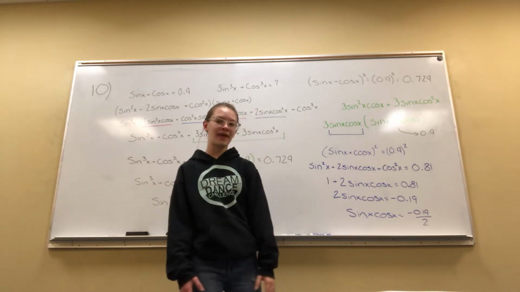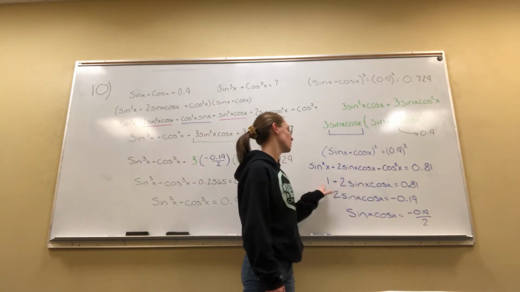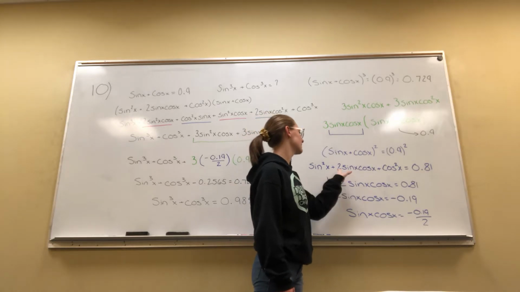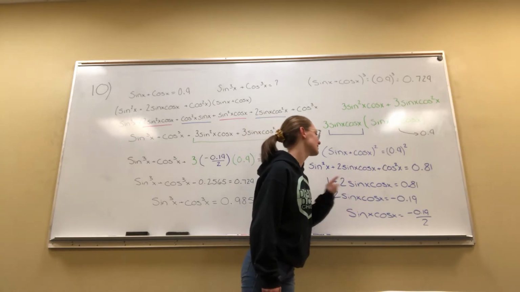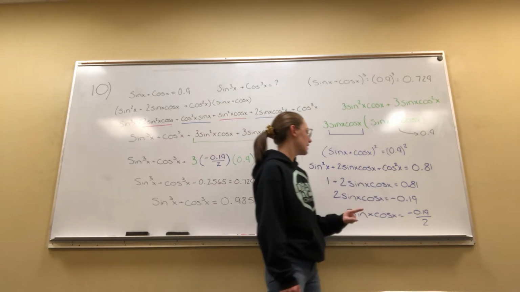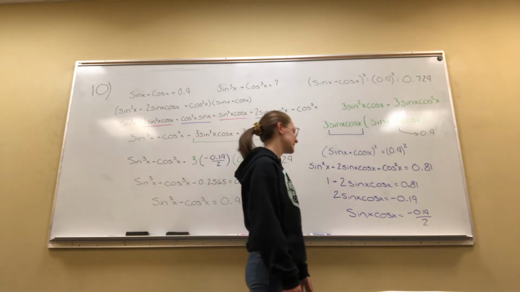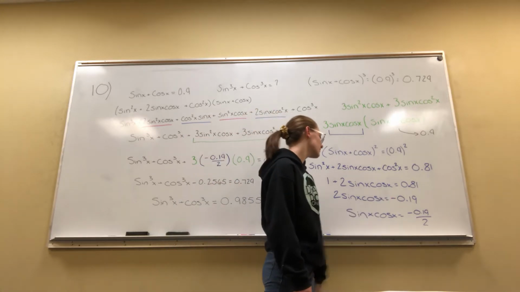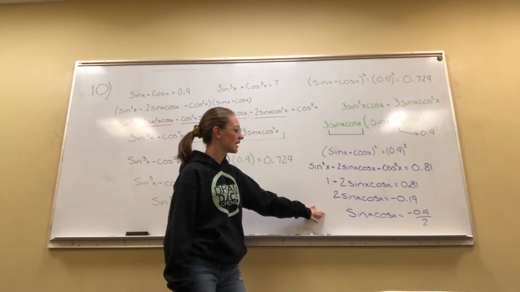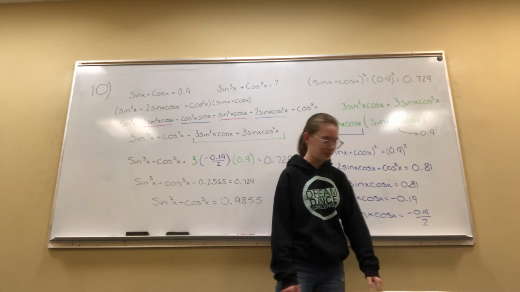And then by the Pythagorean theorem, we know that sine squared x plus cosine squared x is 1. And then you just have the 2 sine x cosine x left over. Next, we're going to subtract the 1 over, and you get 2 sine x cosine x equals negative 0.19. Divide the 2 over, and we find out that sine x cosine x equals negative 0.19 over 2.